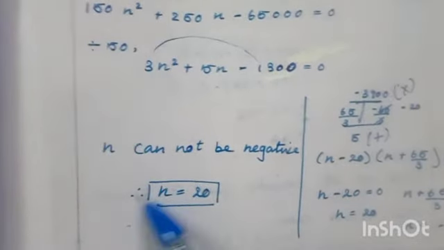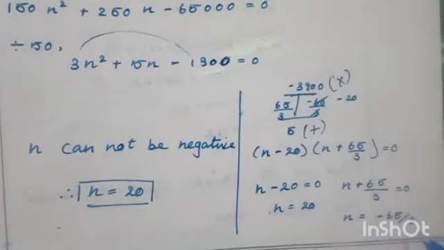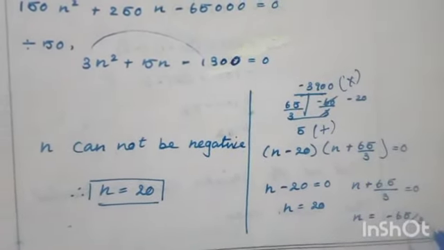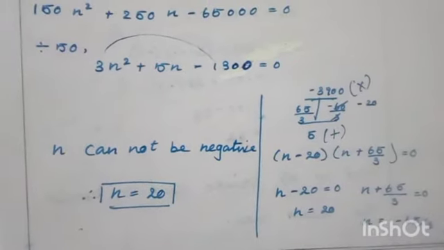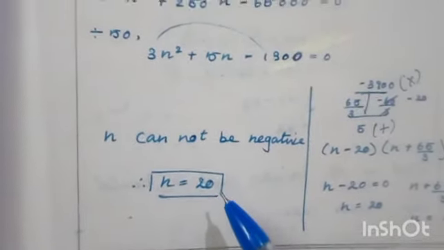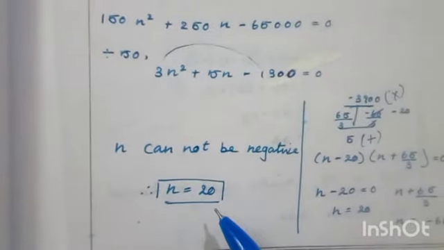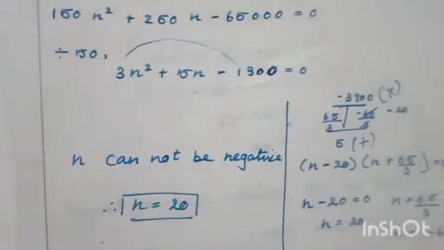Now we get 2 values, n equal to 20 and n equal to minus 65 by 3. The number of months cannot be negative, so n is equal to 20. The required number of months is 20 months.